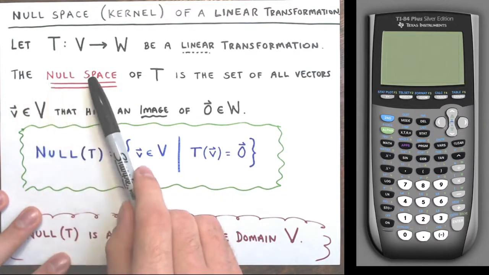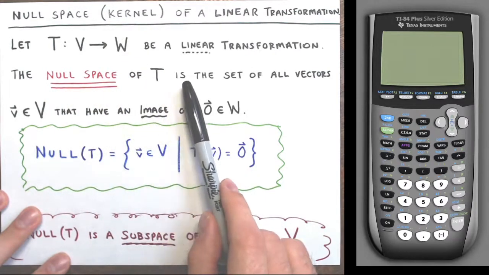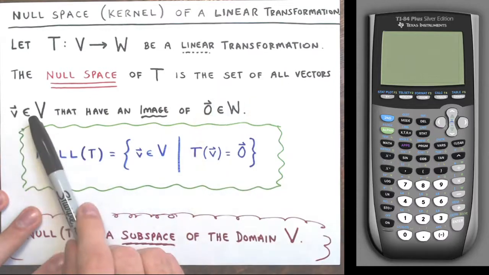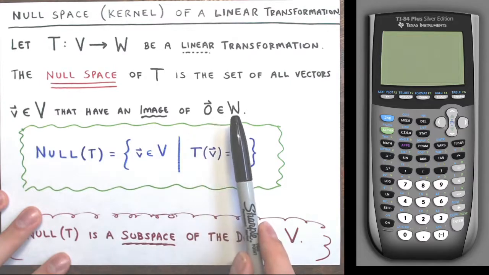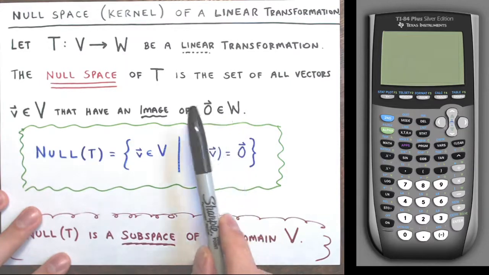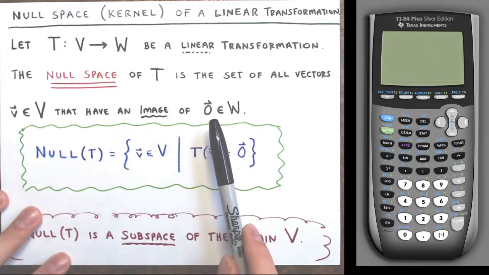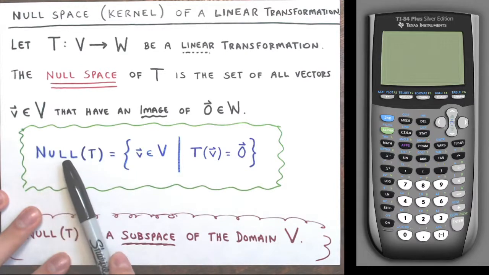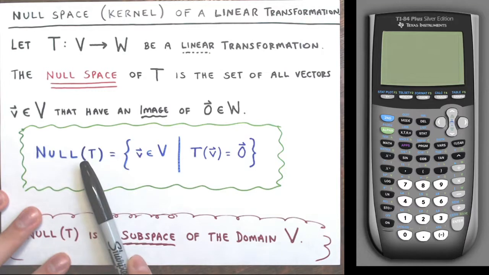The null space, or kernel, of T is the set of all vectors V in the domain that have an image of the zero vector in the codomain. So it's all the vectors in the domain that map to the zero vector in the codomain. The way to notate the null space of a transformation is just null of T, just like the null space of a matrix.